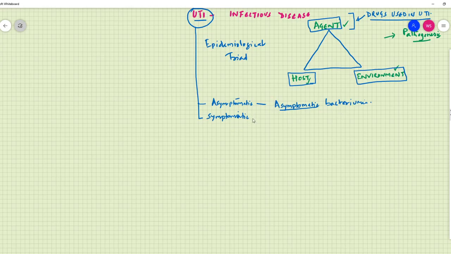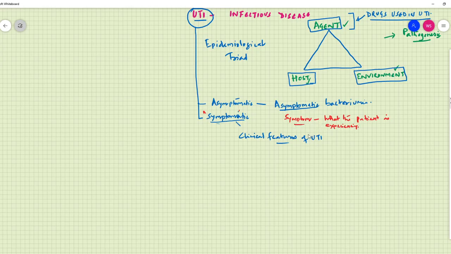Symptomatic is when the patient feels some symptoms. And what are the symptoms that we are going to talk about? Those symptoms are the clinical features of UTI. So what are symptoms? Symptoms mean what the patient is experiencing.